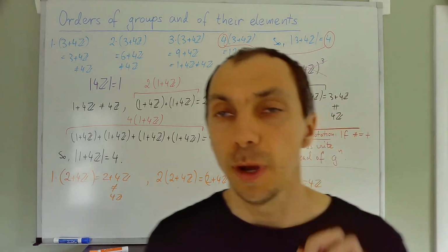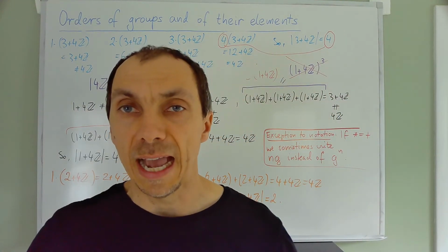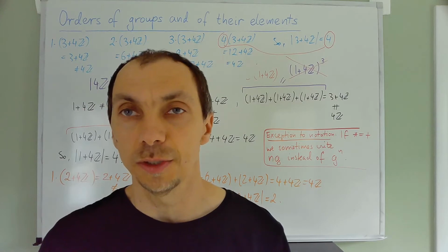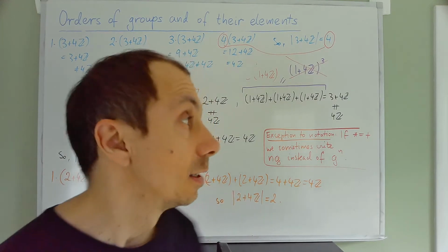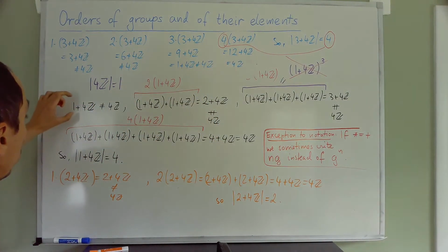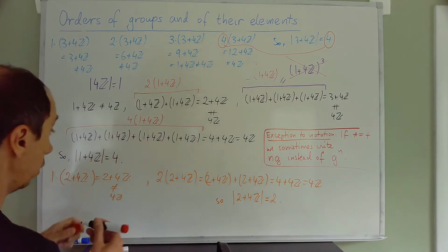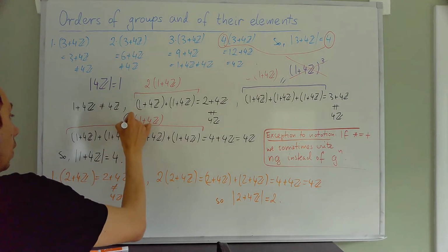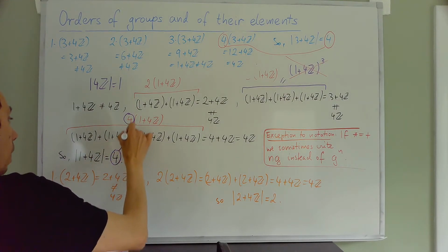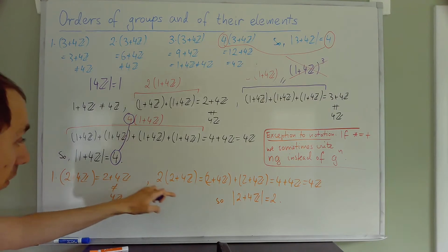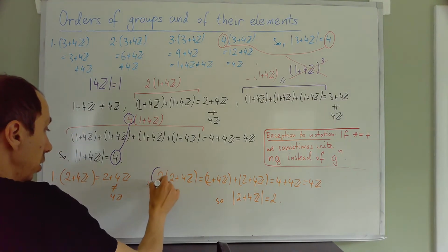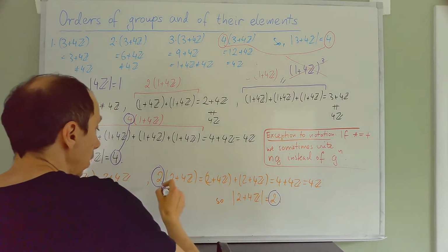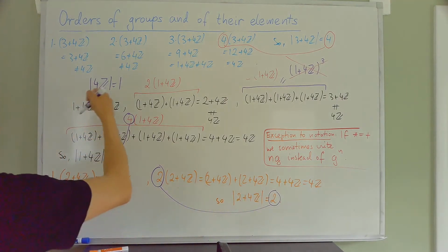The smallest positive integer, so that I add this element that many times, I get the identity. 4, the order of 1 plus 4z, I also had to do it 4 times, so that 4 is that 4? For this one, I got the order is 2, that 2 is that 2. And the order of this is 1.